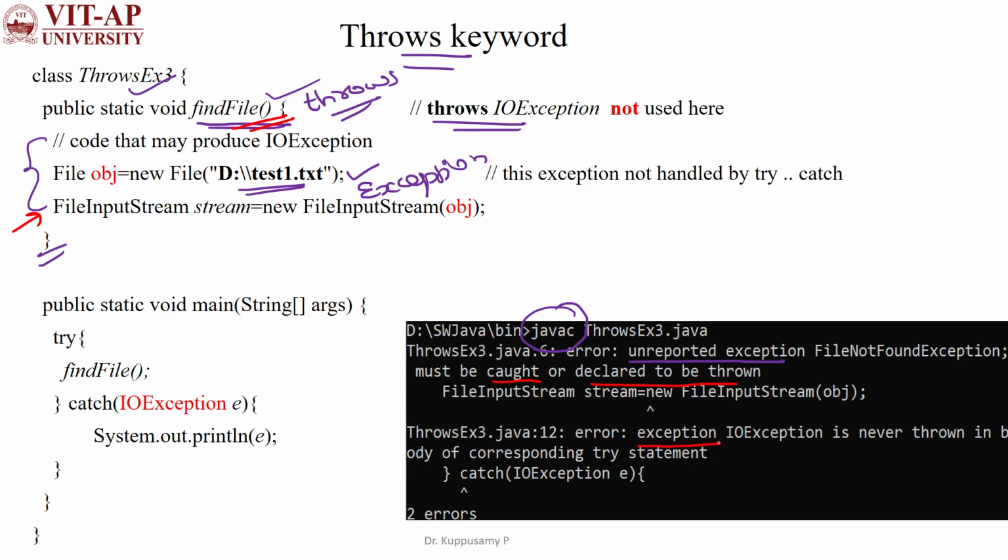Another error is: exception IOException is never thrown in the body of the corresponding try statement. These two kinds of errors are raised during compilation, because these exceptions are not handled inside the method, or we are not throwing the exception to the calling method.